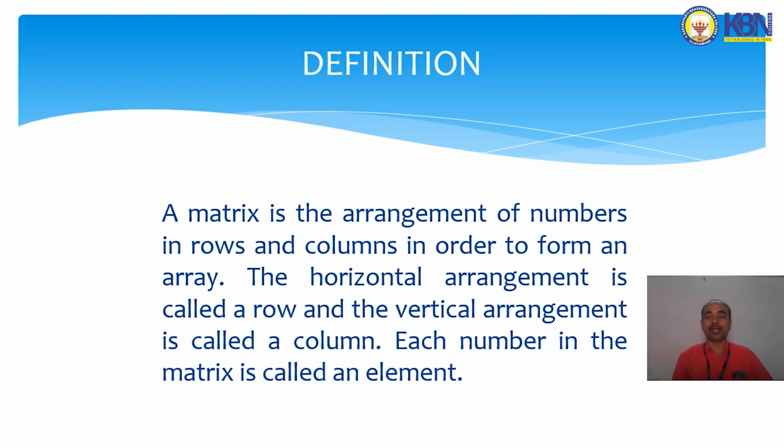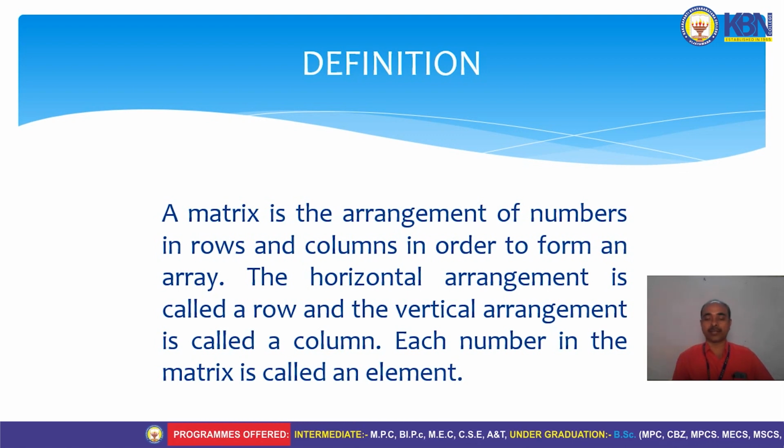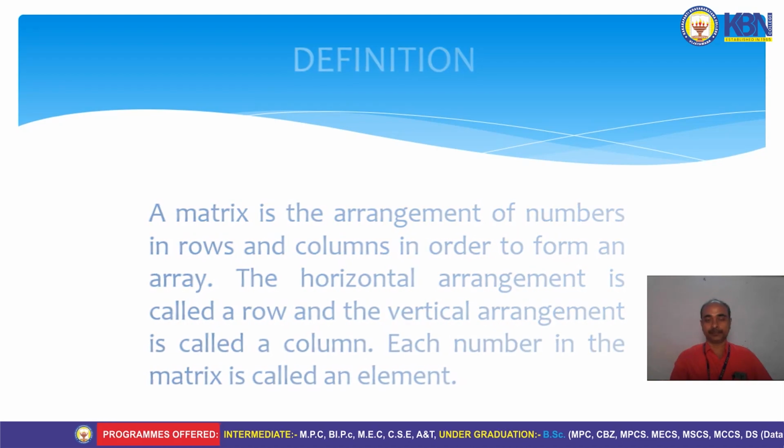The horizontal arrangement is called row and the vertical arrangement is called column. Each number in the matrix is called an element. Therefore, we conclude the first slide as arrangement of numbers in rows and columns. Horizontal is called row, vertical is called column, and each number in the matrix is called element.